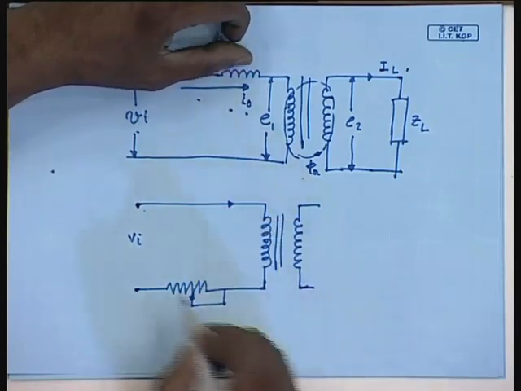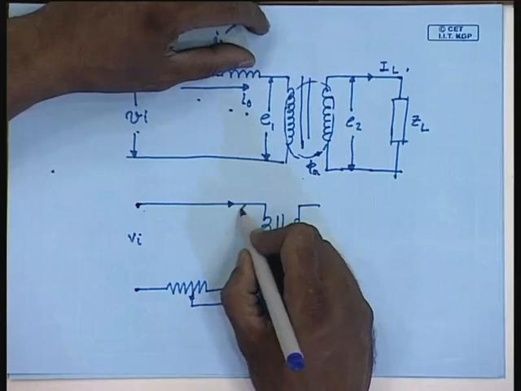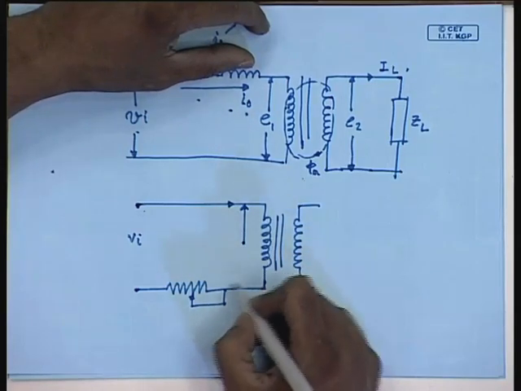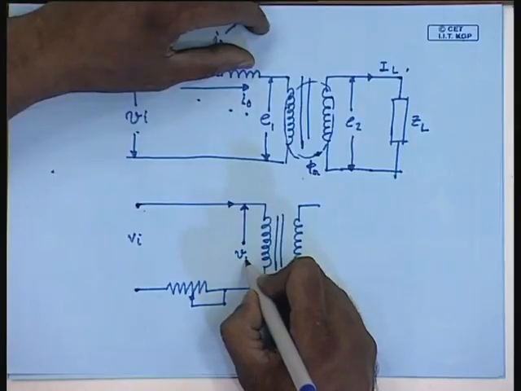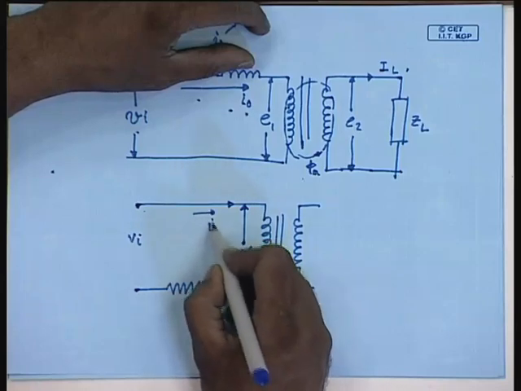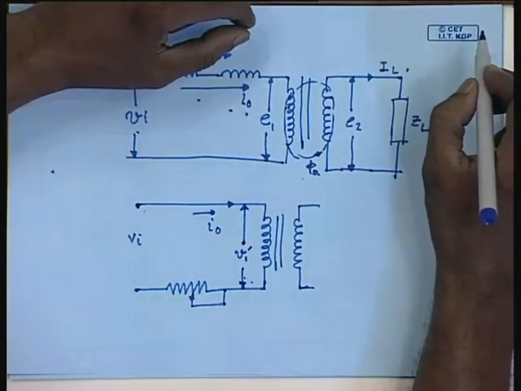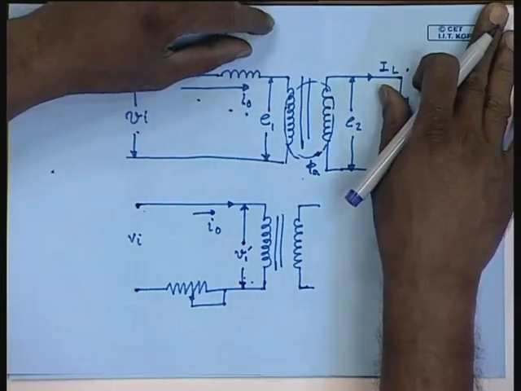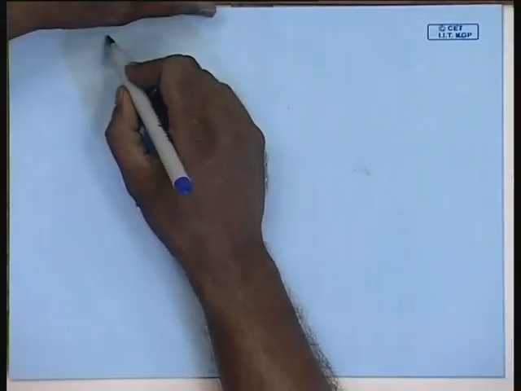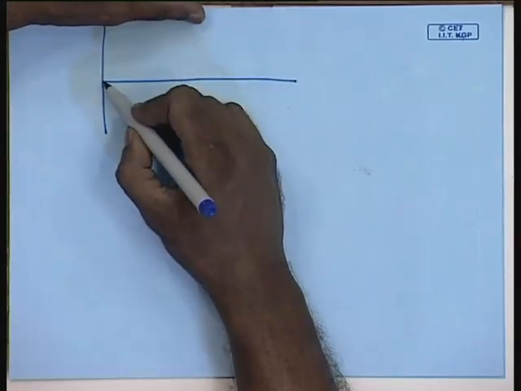the current drawn by the transformer will be non-sinusoidal and the actual voltage across the transformer will also be non-sinusoidal. This will make the flux non-sinusoidal, with predominantly third harmonic component. The flux waveform, instead of looking sinusoidal, may look something like this.